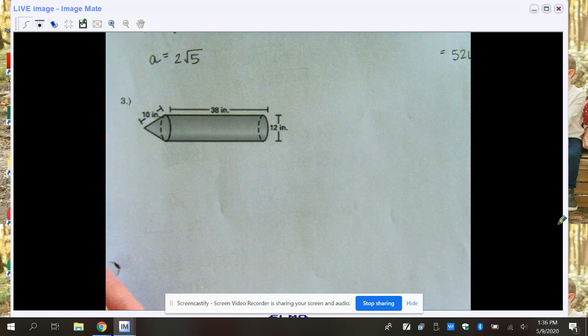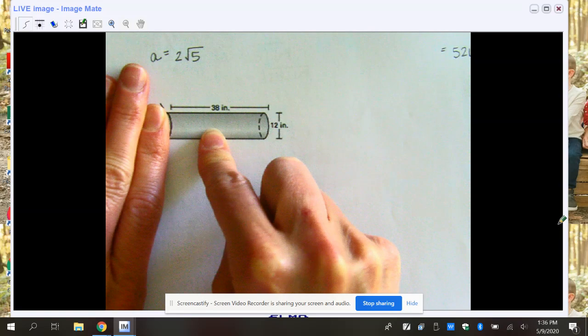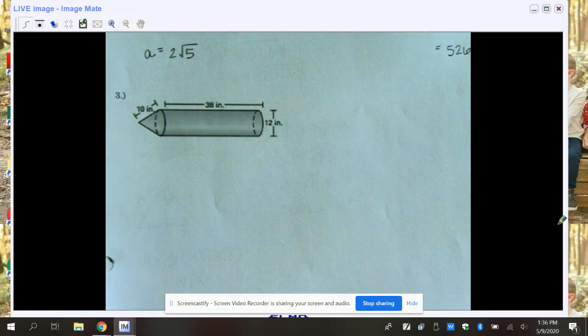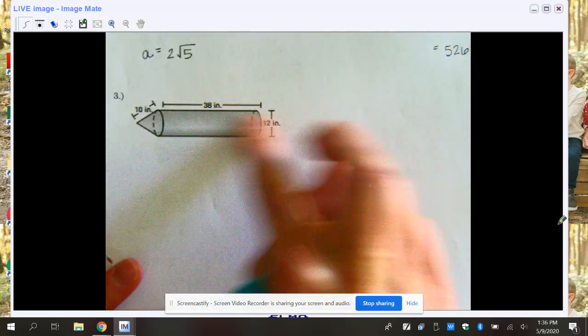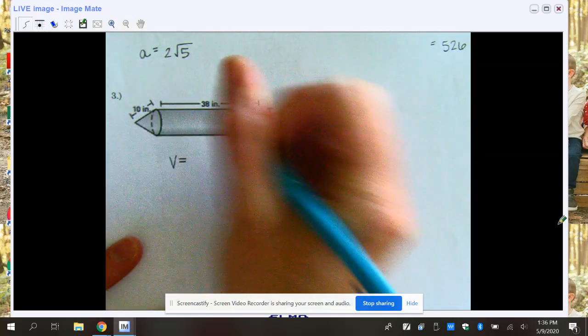But for volume, it's different. It's essentially saying if I fill this with water and this with water, how much water will be in there, okay? So for this, you really just have to find the volume of each figure, and then you'll add them together.